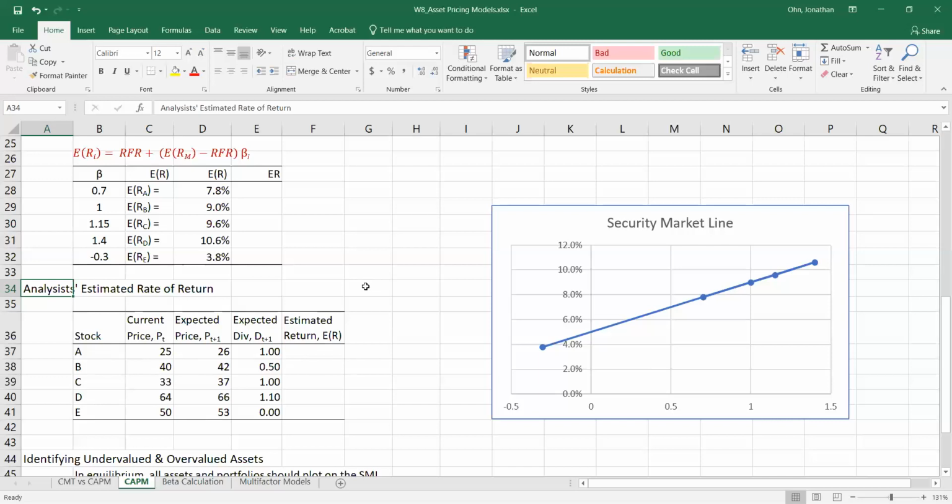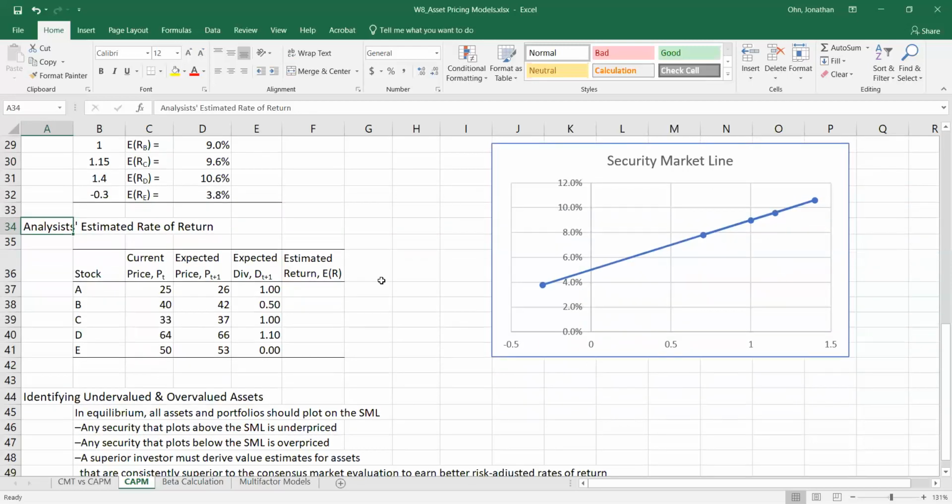Given this information, as in the textbook, do you remember that the estimated stock return includes two different portions? One is the capital appreciation, the price difference, the price appreciation return, and the other is dividend yield. For example, for stock A, let's look at the income.